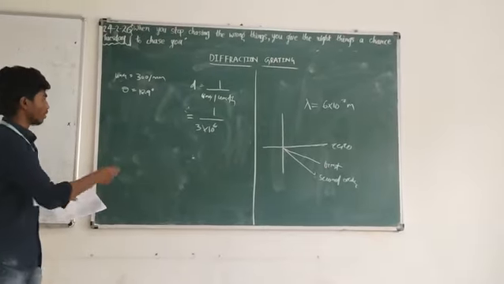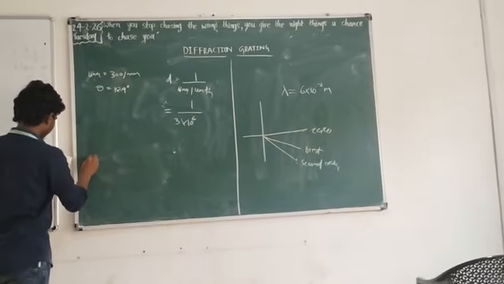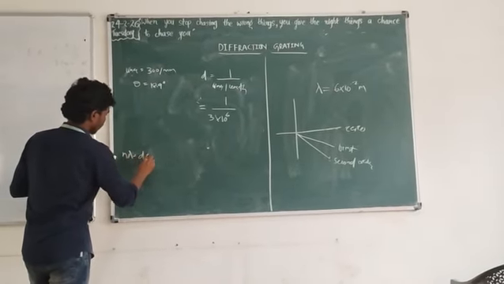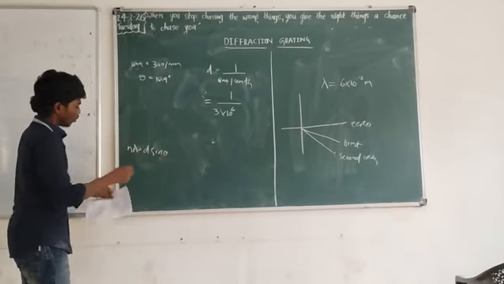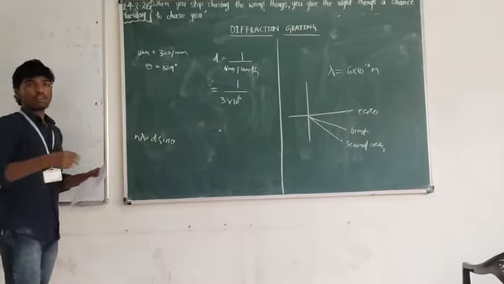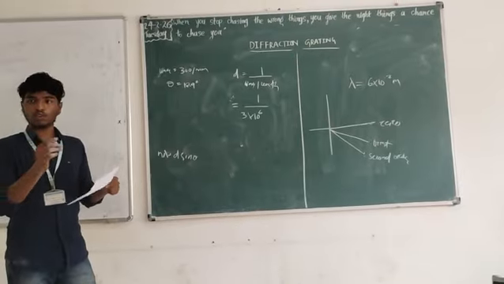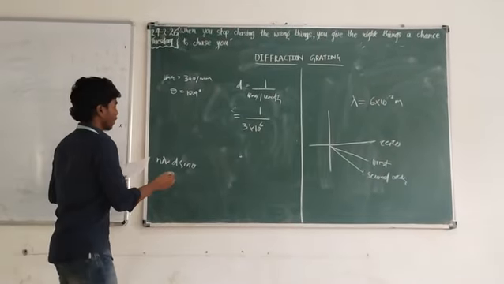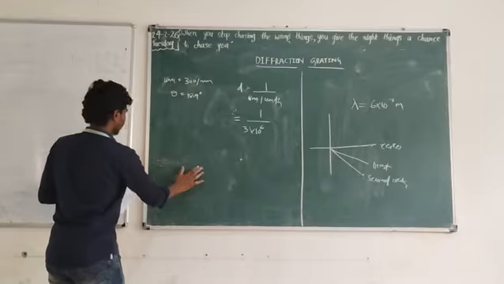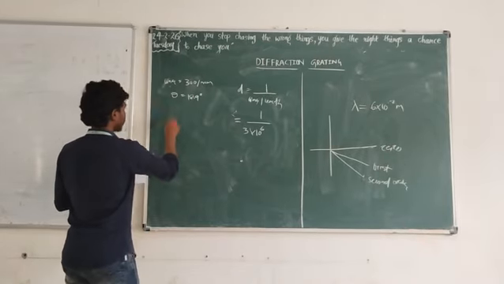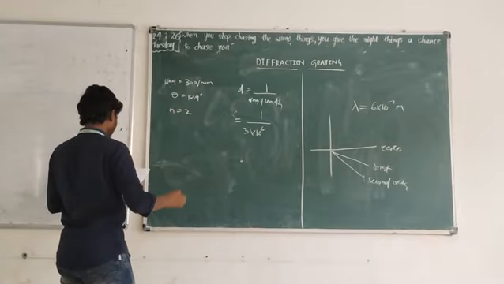Second order means, see, we have learned that n lambda equals to d sin theta. So n denotes the order, and we have second order, so it will be 2. Okay, so we got the d, and now in the second order, n also equals to 2.